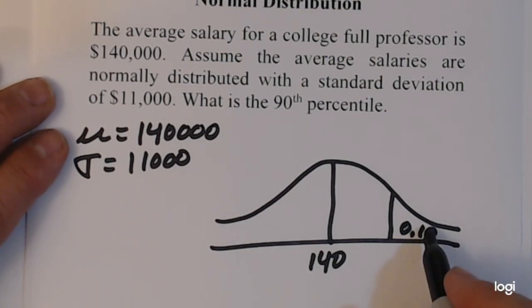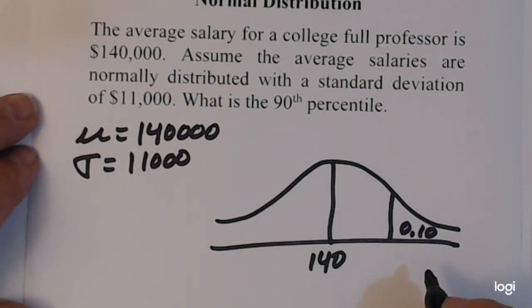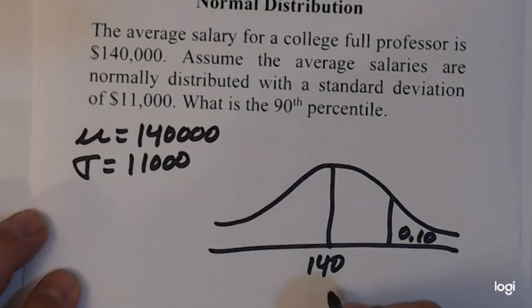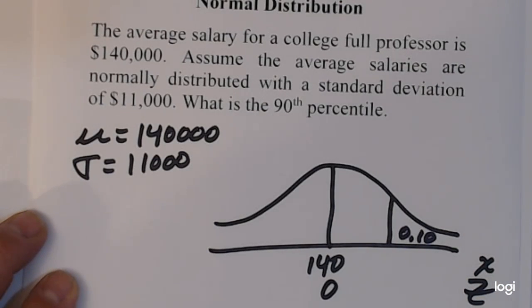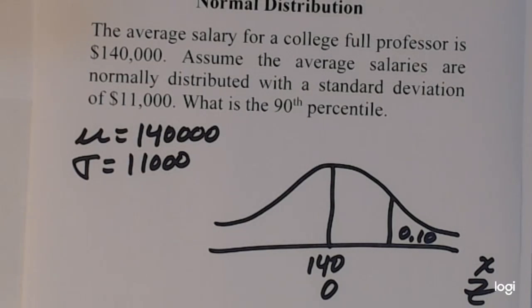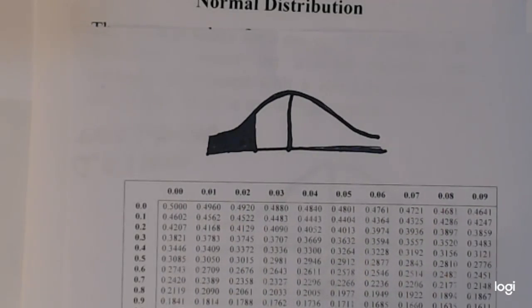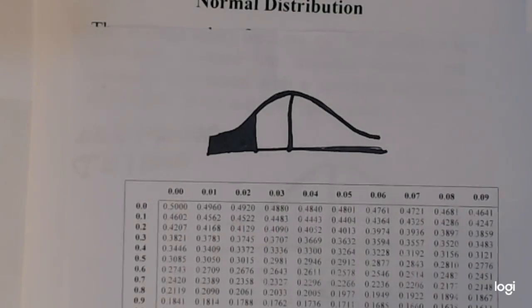We have 10% in the tail here, and we know that zero's there, x, z. Let's go to our z table with the tail, and we're looking for an area of 0.10.